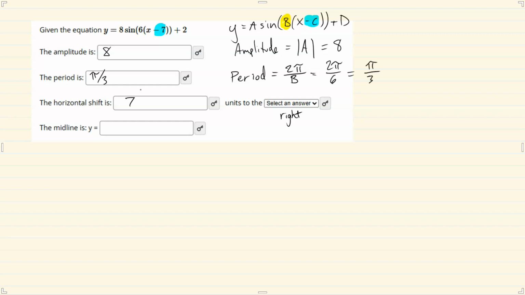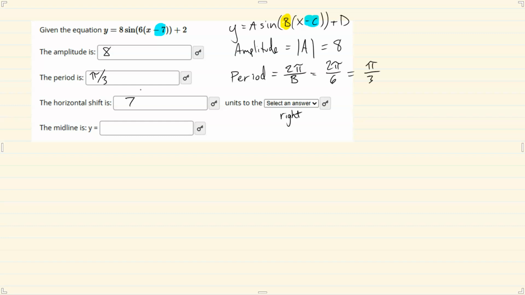And okay, so the midline. The midline is a horizontal line that essentially goes right down the middle of the sine wave. This midline is equal to the value d.